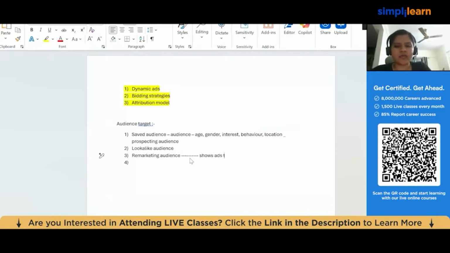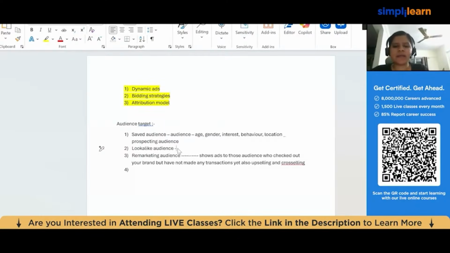Show ads to those audiences who checked out your brand but haven't converted yet, they haven't made any transactions yet. Also, when you do upselling and cross selling, you do it with the help of remarketing only, okay? So there's no difference over here.